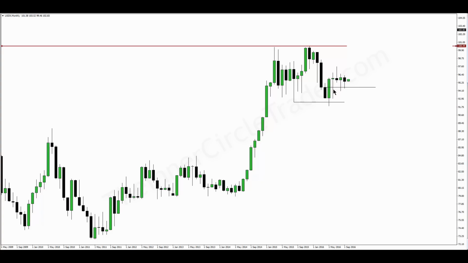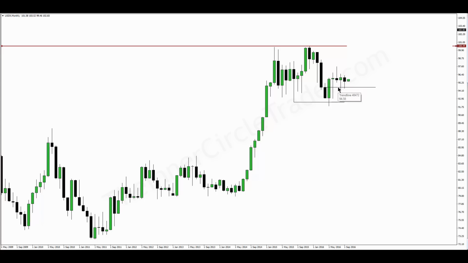So when price trades back down into it, as you can see here, move over a little bit more, show more data. Price trades down into it on this candle. Now it quickly moves away from it on this candle here. But at that moment when it hits this, the low on that candle comes in at 94.07.